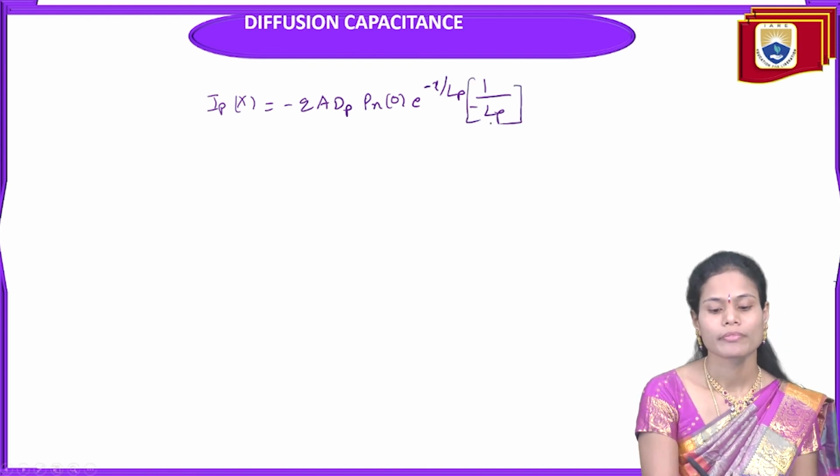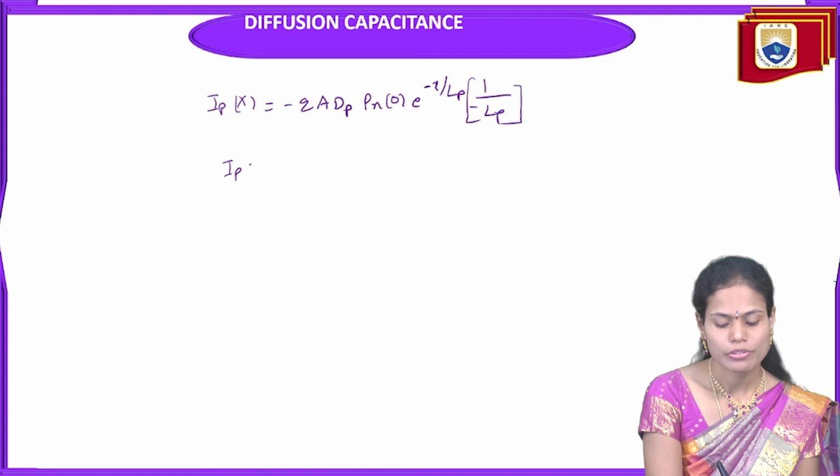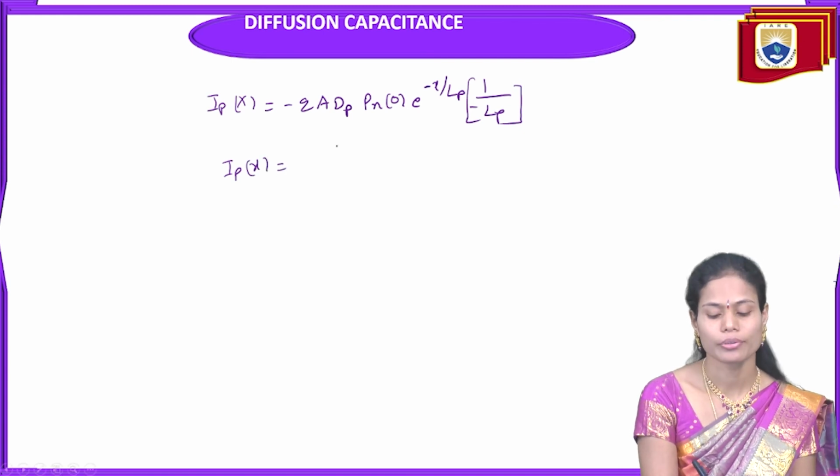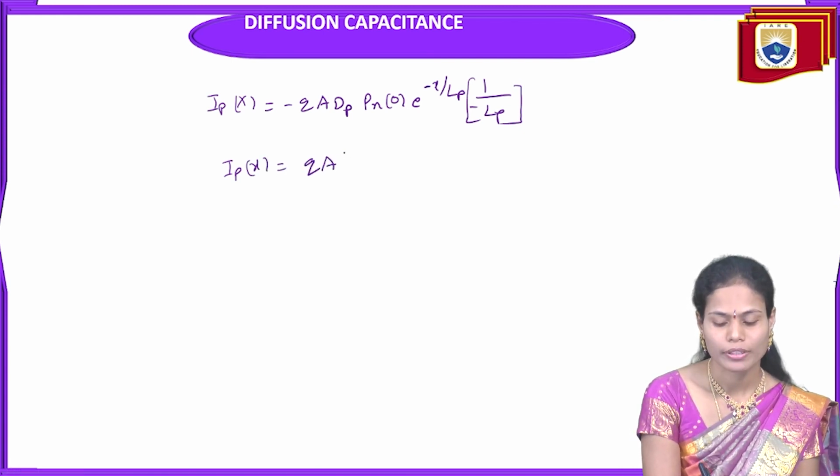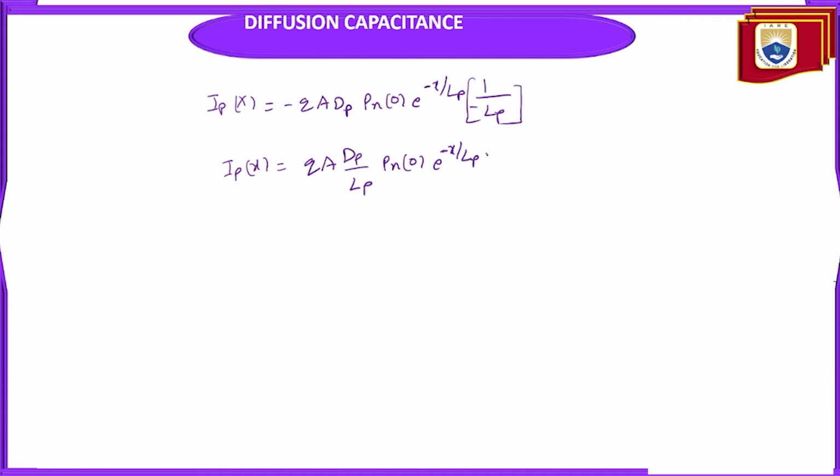And this one we can also write as Ip of x equal to QA Dp by Lp Pn of 0 e power minus x by Lp.